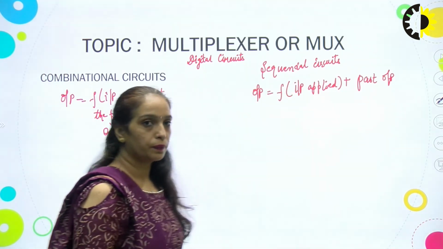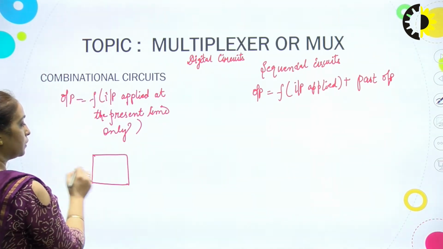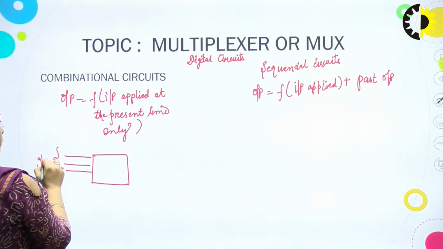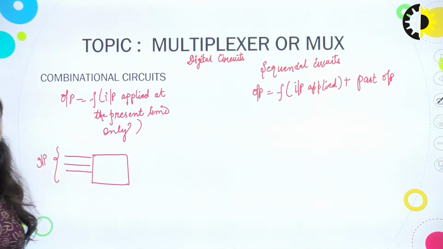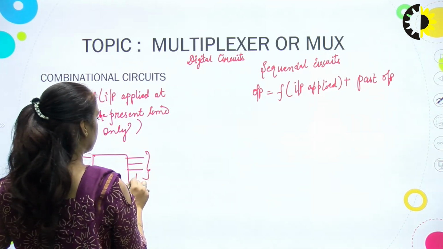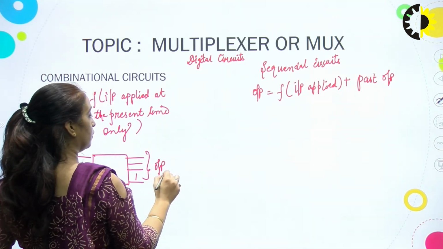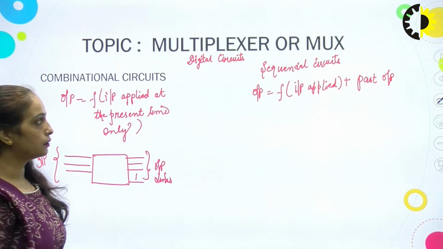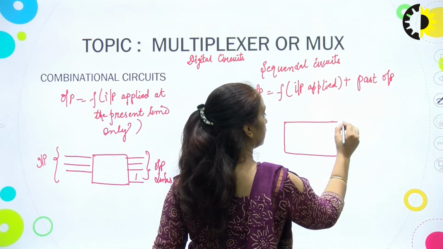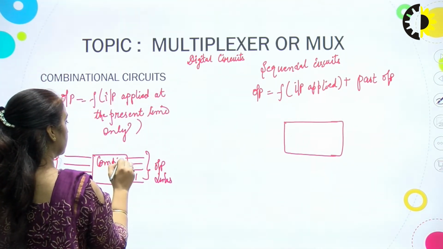Okay. So if you check the block diagram of these two circuits, we have some inputs. In case of combinational circuit, we are going to have some inputs and we are going to have some output lines. And this is the block diagram of combinational circuit.